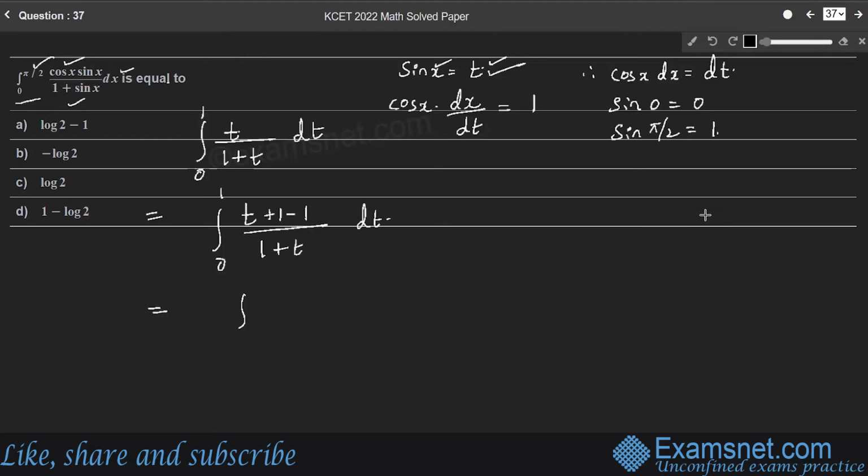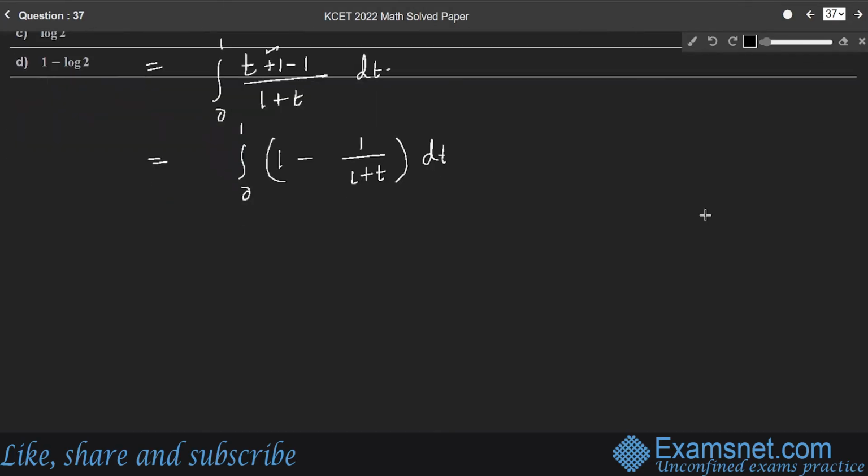So t plus 1 by 1 plus t is 1 minus 1 by 1 plus t dt. Right? So integral 0 to 1, 1 into dt is t, minus integral 0 to 1, 1 by 1 plus t dt, which is log 1 plus t, and the limits are between 0 to 1.